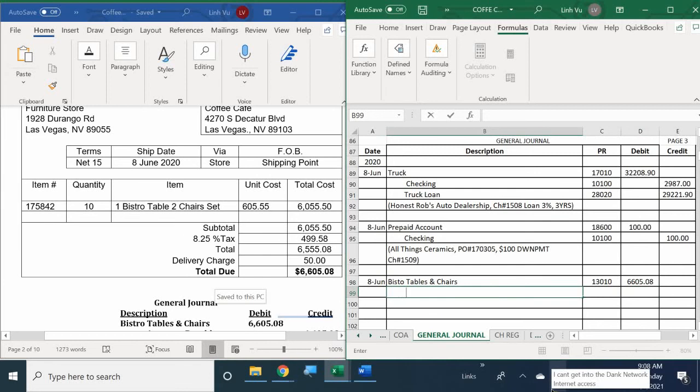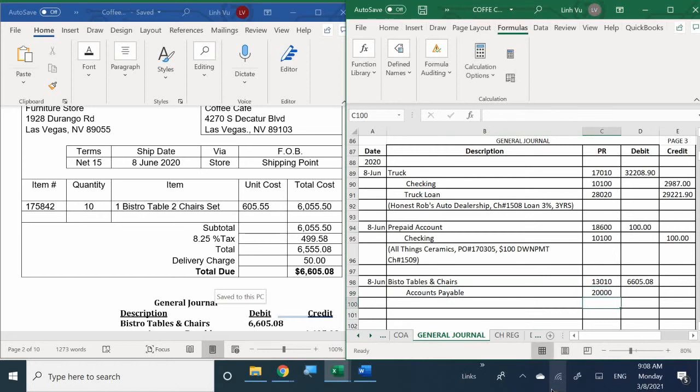So in this case, it's going to be accounts payable. All right, and accounts payable is account number 20,000, and it's going to be for the $6,605.08. Okay.